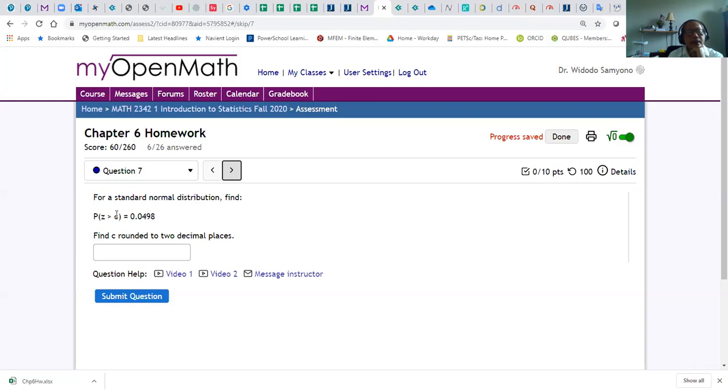Because this is on the right side, you need to subtract this from 1 in order to get C, okay? So what do you get here? This number, right?